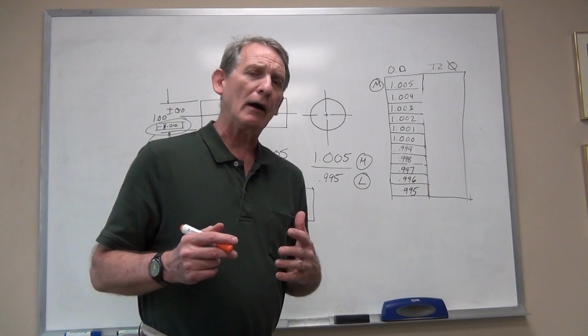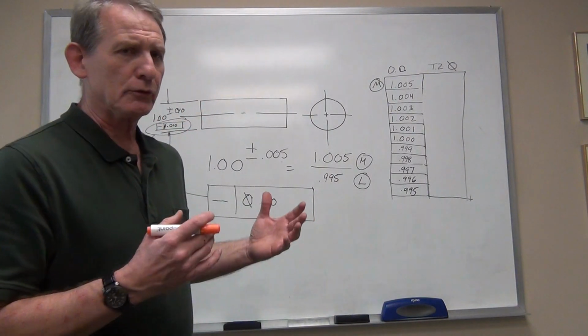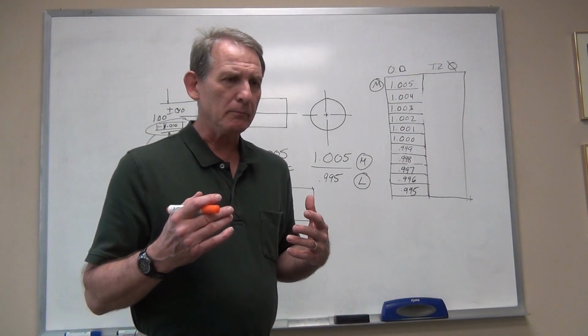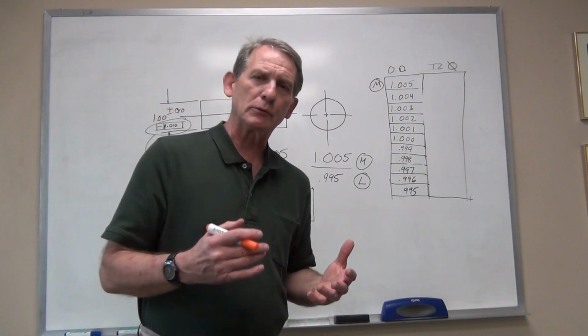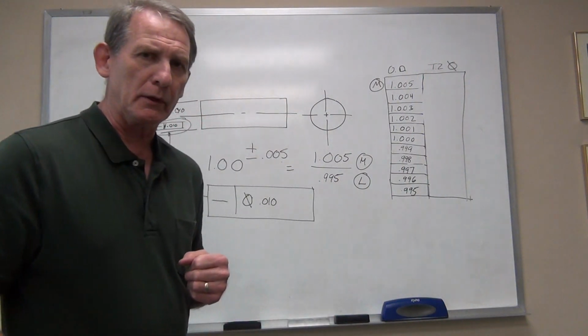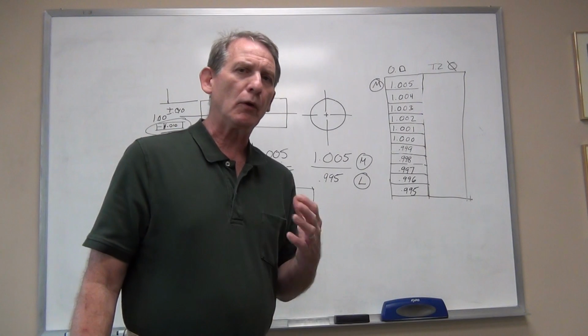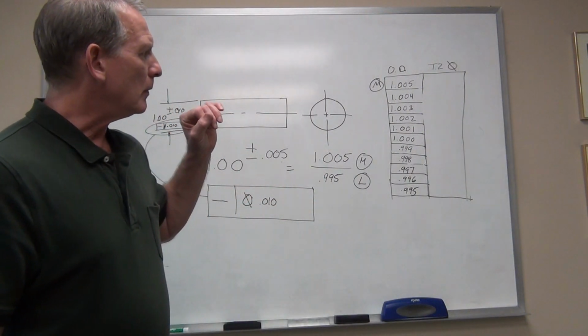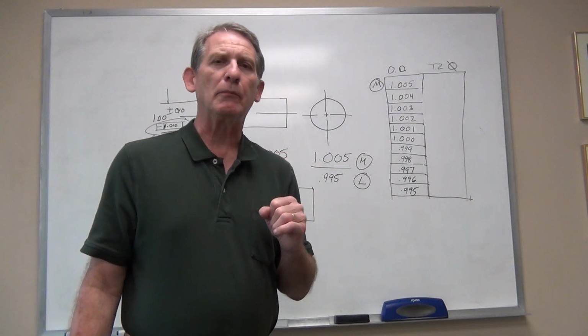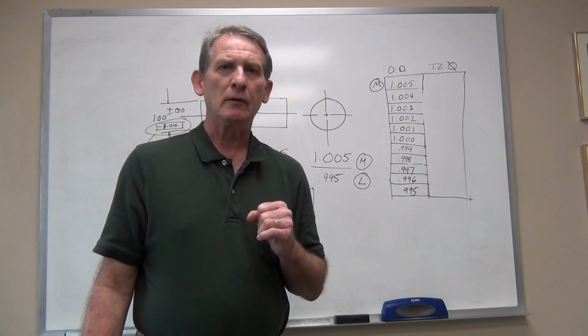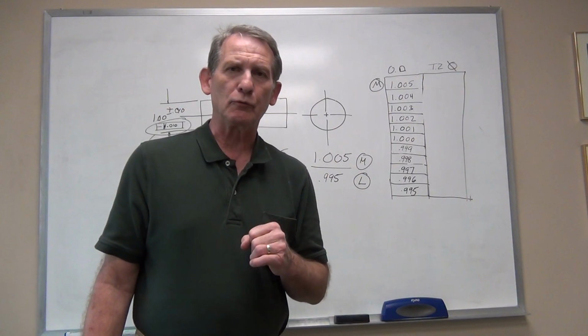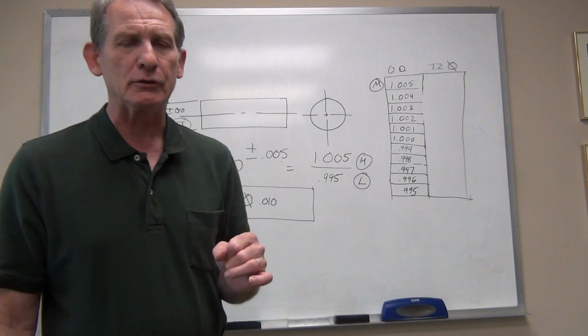So what I'm going to do now is go back to tolerances of form, just because we're a little more familiar with it. We're going to use the material condition modifier to adjust the tolerance zone for the straightness of the center line of a shaft.